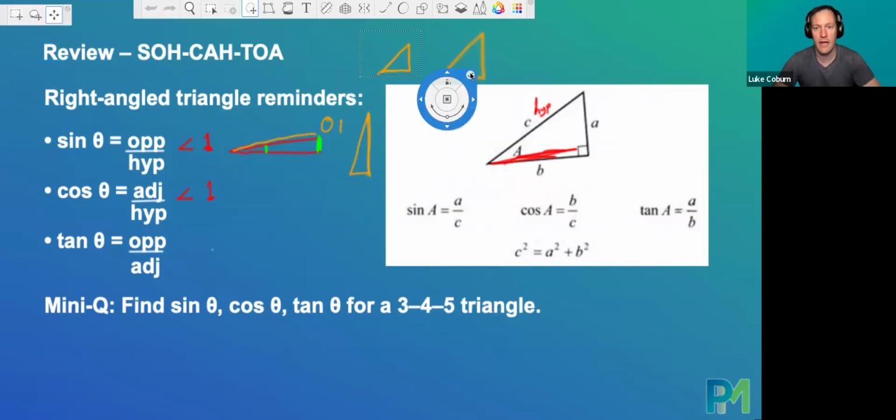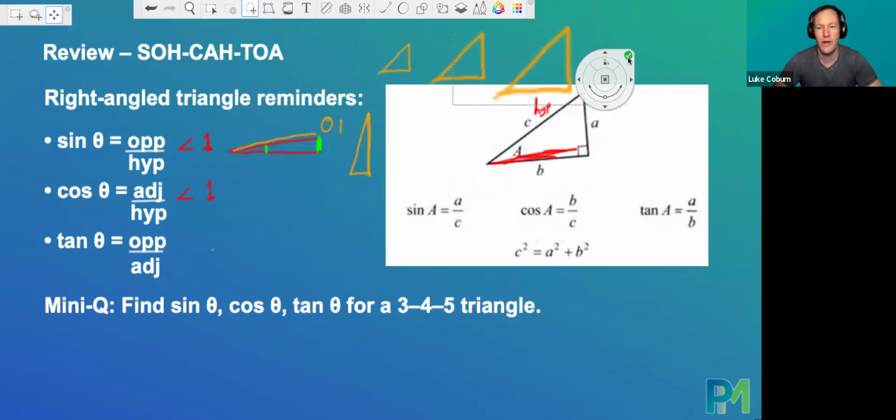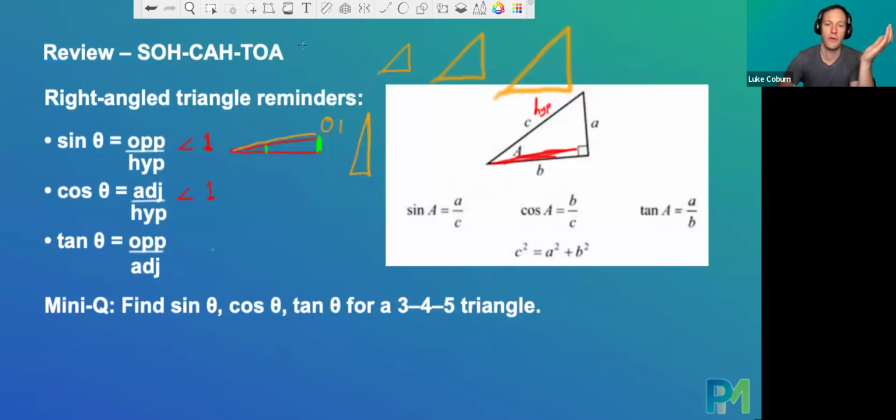If we made it bigger again, we would get the same values, because we don't actually care about the lengths of the sides in a ratio. Like 100 over 90 is the same as 10 over 9, even though those numbers are bigger or smaller. So it doesn't matter how big the sides are. All we care about is the ratio of sides in a triangle.